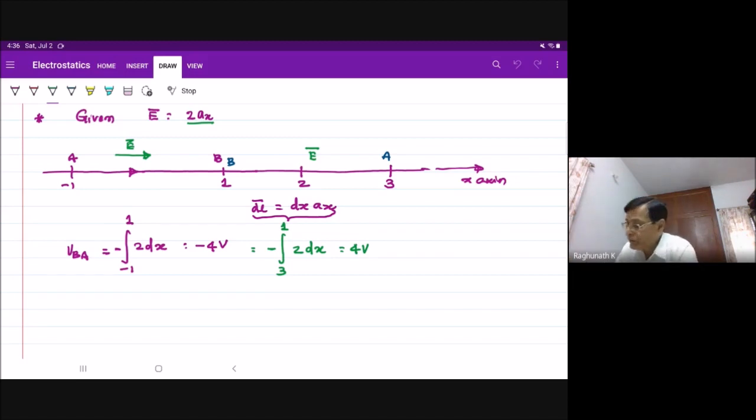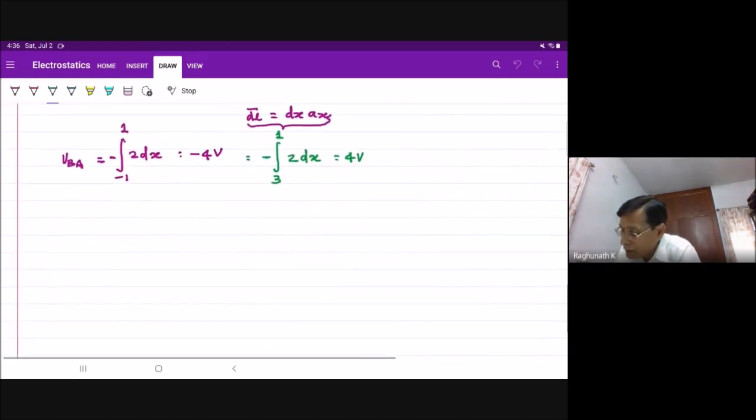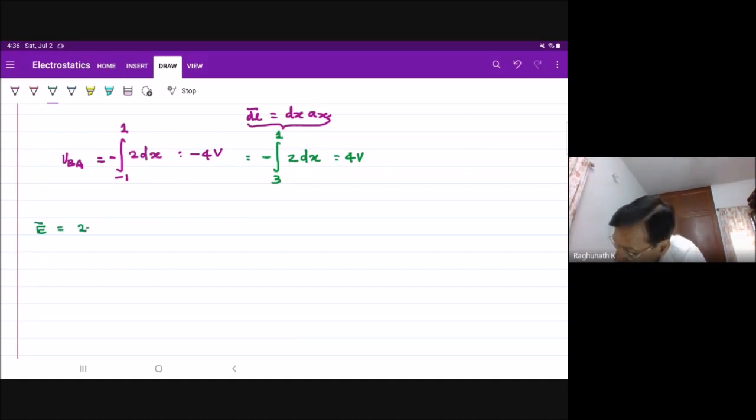Now listen. I will take a case. E bar is equal to 2x ax plus 3y ay in the xy plane, or z is equal to constant plane we are there in.